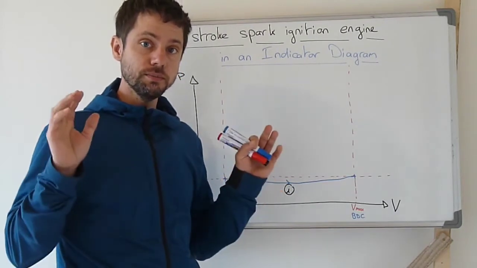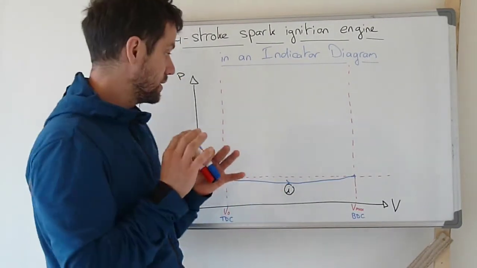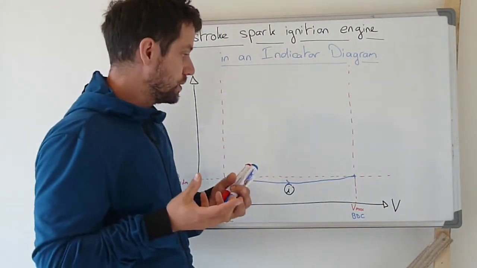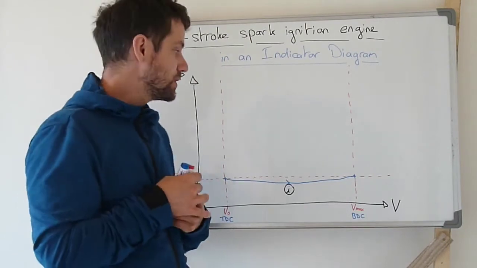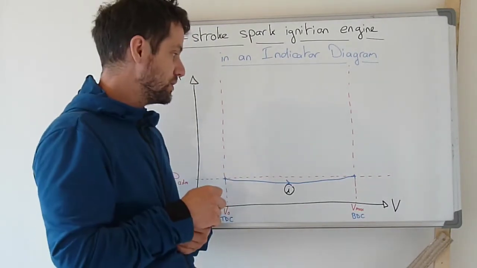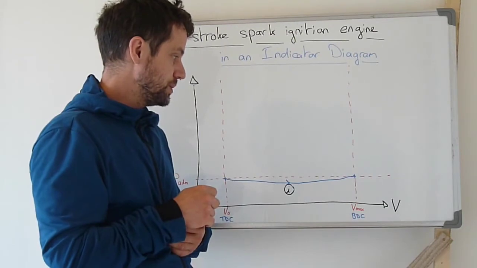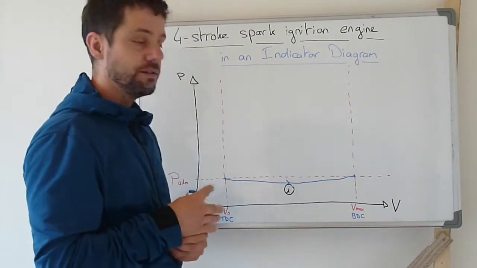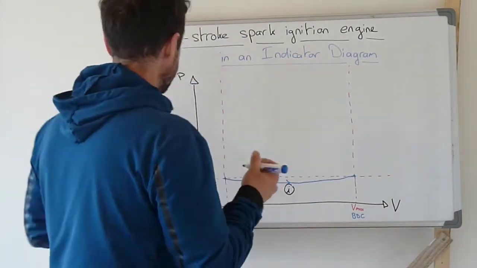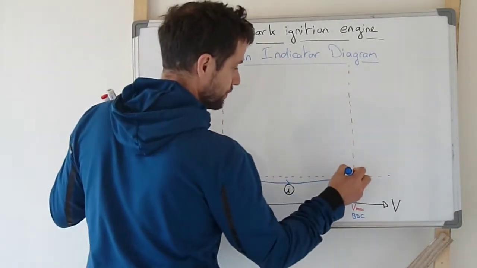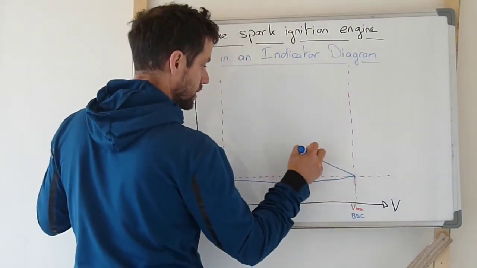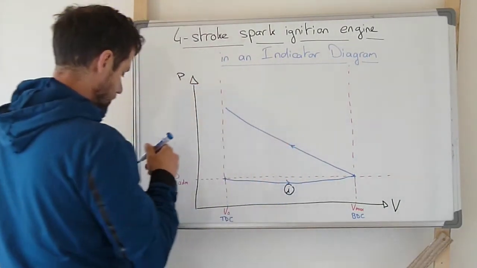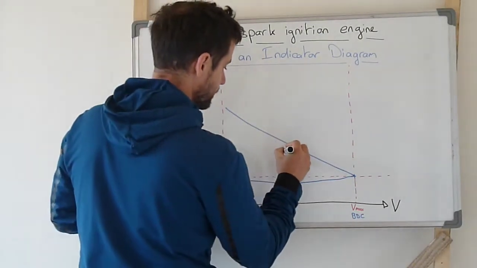It's cooled down by the side walls of the cylinder because the motor body is cooled. But this cooling is not sufficient to avoid the increase in pressure and temperature, so we will have anyway an increase of pressure inside the cylinder during this second stroke. So this is the compression stroke.